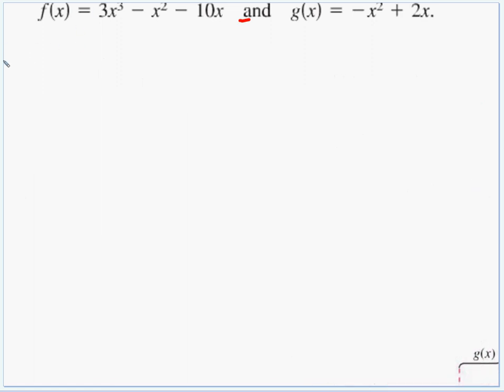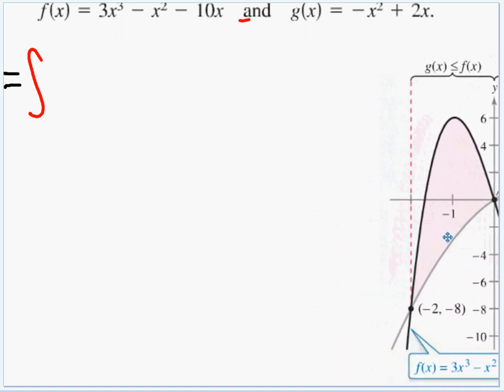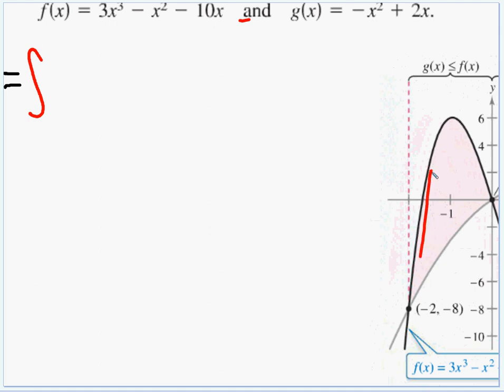If I had more room, I'd write A equals area, and we're going to set up our first integral. Let me color code this red and blue. Red first, and red is going to be this first piece of area here. So we're going to start accumulating at negative 2. We are going to go to 0, and now we need to set up top minus bottom.